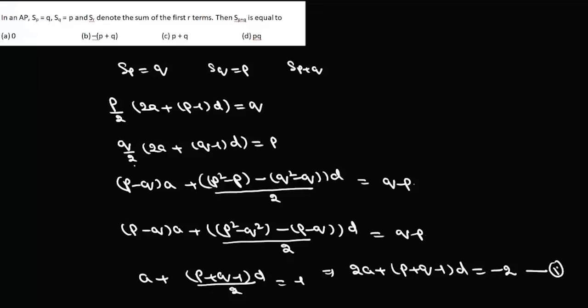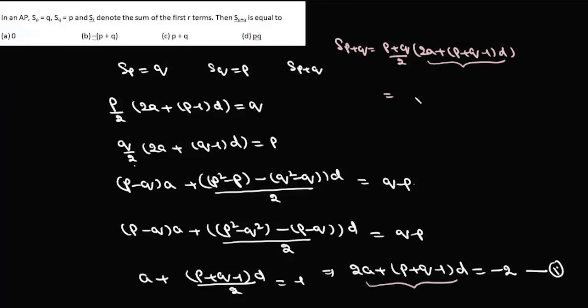Now it says we need to find the sum of p plus q terms. Now this is (p plus q) by 2 into (2a plus (p plus q minus 1) into d). Now we know that 2a plus (p plus q minus 1) d is nothing but minus 2. So this sum will be nothing but minus (p plus q), and that's your option B.